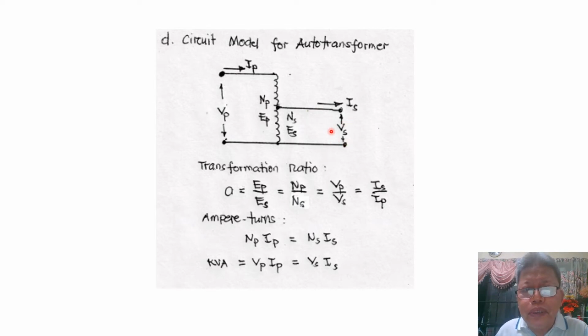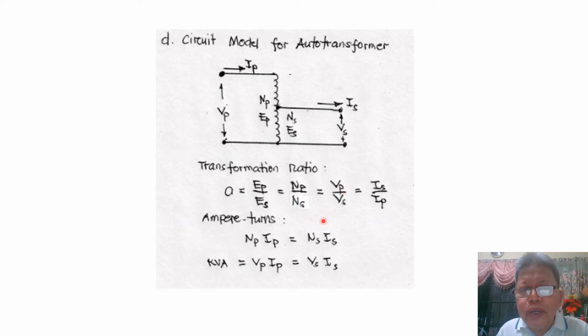So with this, the transformation ratio is again defined as the induced voltage in the primary side E sub P over E sub S, which is equal to N sub P over N sub S. And practically, the transformation ratio can just be obtained by dividing the primary terminal voltage Vp over the secondary terminal voltage V sub S, which are commonly given.